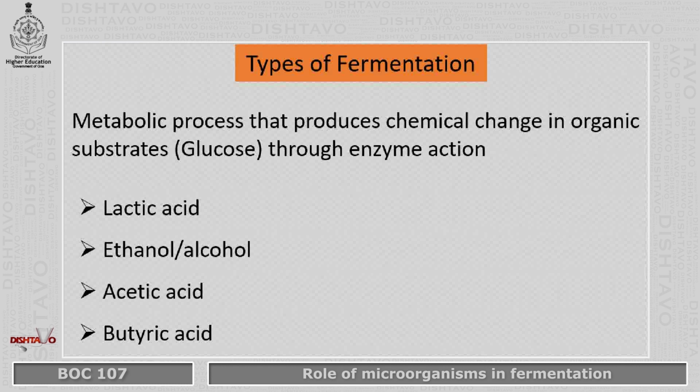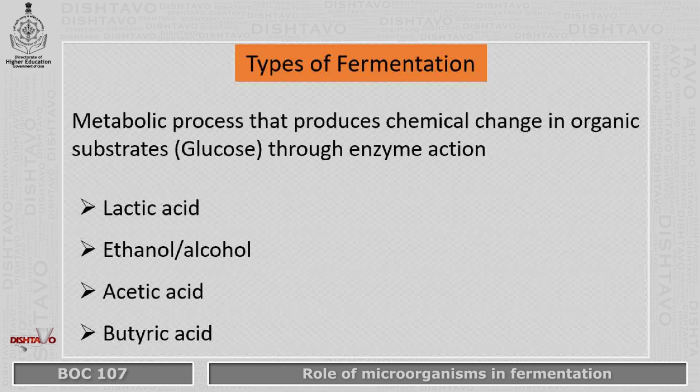Types of fermentation. Let us first see the general definition of fermentation and go to the types. Generally, fermentation is defined as a metabolic process that produces a chemical change in organic substrates such as glucose through enzyme action. Now, the various types could be lactic acid fermentation, where sugars are converted to lactic acid under the influence of bacteria or yeast species.